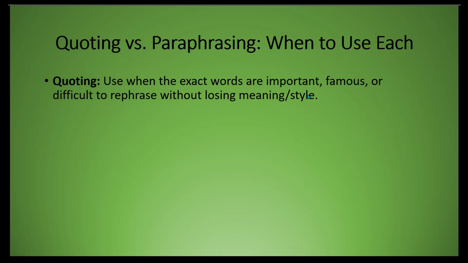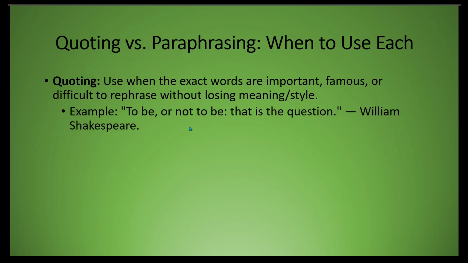The style means that it's just a perfect sentence. It's really well said, and if you rephrase it, it's going to lose some of the impact that it has. Otherwise, so here's an example: Shakespeare, to be or not to be, that is the question.